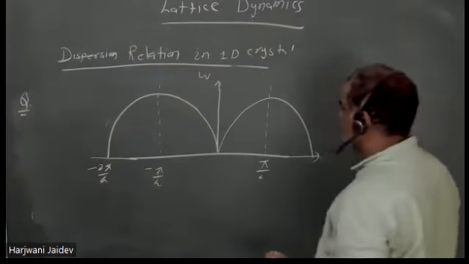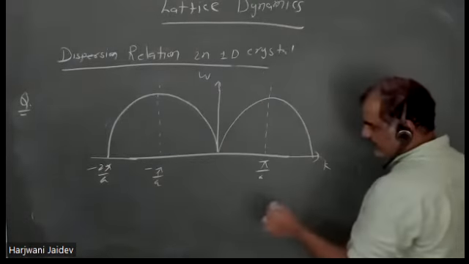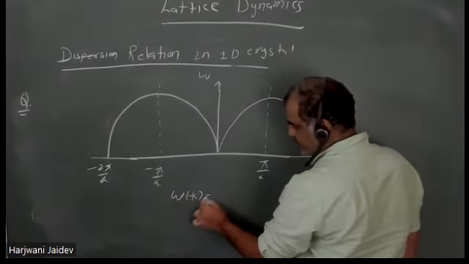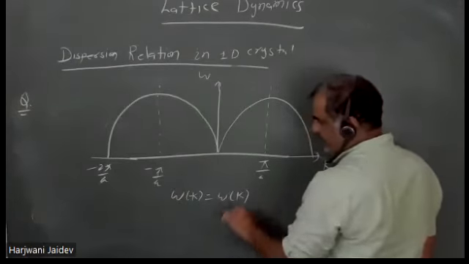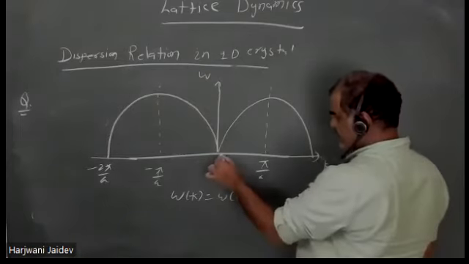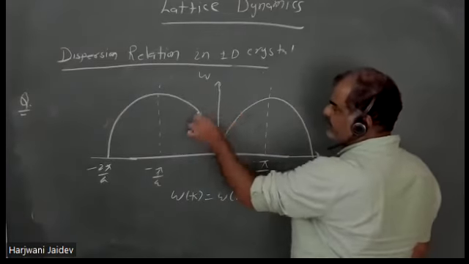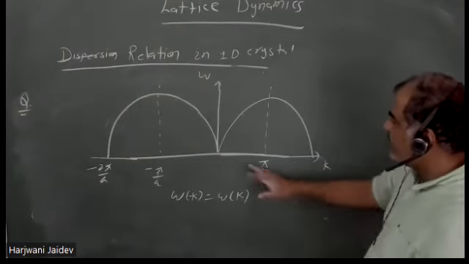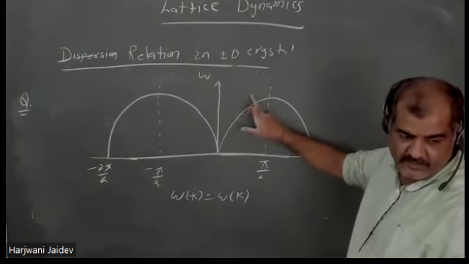Now we can see this graph has a symmetry: omega of minus k equals omega of k. If I go in this direction, this is mirror symmetry.